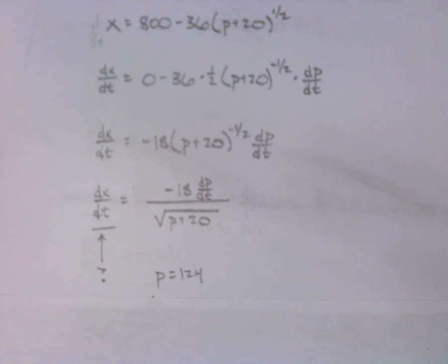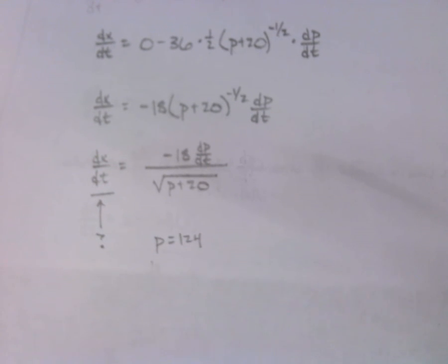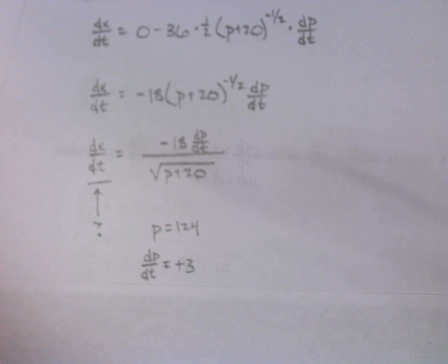In the question, it's off the screen now, but they said the price was 124, and they said that the price was increasing at $3 per week. So I put positive 3, being really clear that the price is increasing at $3 per week. If they had said the price was decreasing at $3 per week, we would need to say negative 3.